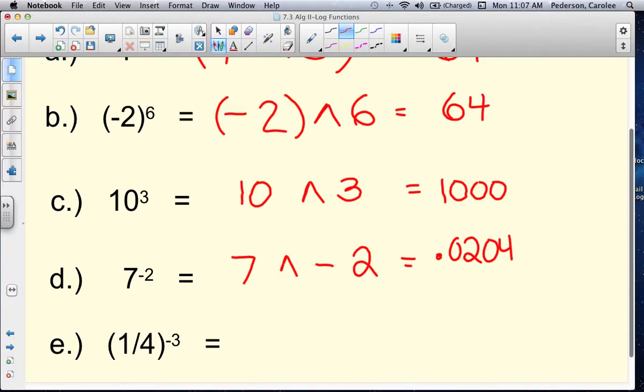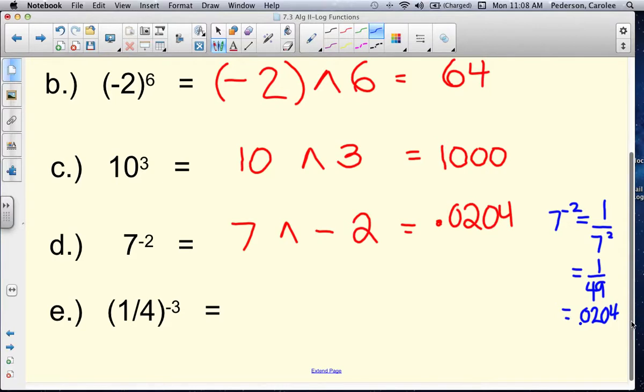If you remember negative exponents, 7 to the -2 power is the same thing as 1 over 7 squared, making that a positive power. Well, 7 times 7 is 49. Check with your calculator. What is 1 divided by 49? It's the same answer, 0.024.